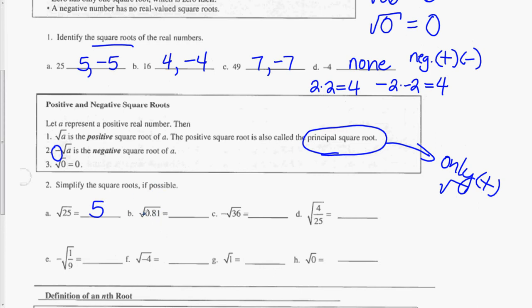For 0.81, that's going to be 0.9. Now, as a side note, you can use your calculators for these. You just need to be sure you know which button to use on your calculator to find the particular root you're looking for. On the calculator, there should be a square root button.